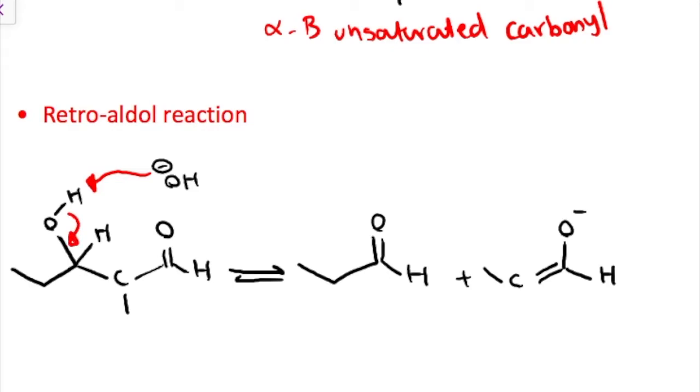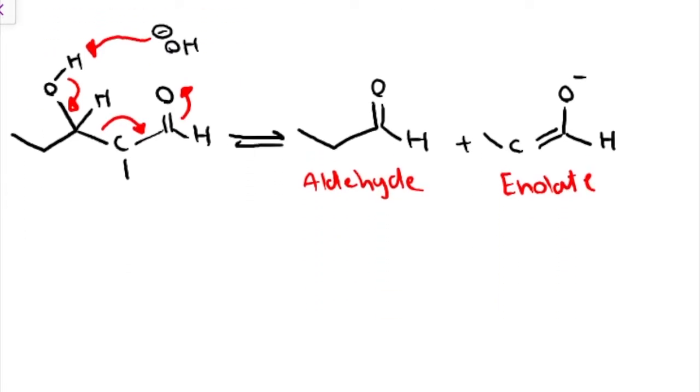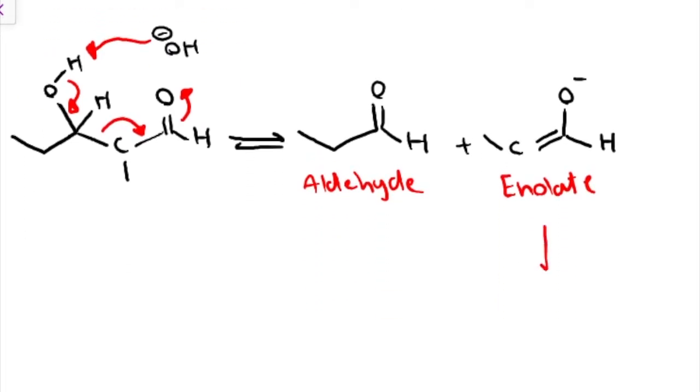We make a double bond here, and we break this double bond right here, and this gives us the original aldehyde, and this is the enolate version of the aldehyde. So in the second step, you can technically use acid to protonate this, which then gives you the original aldehyde.